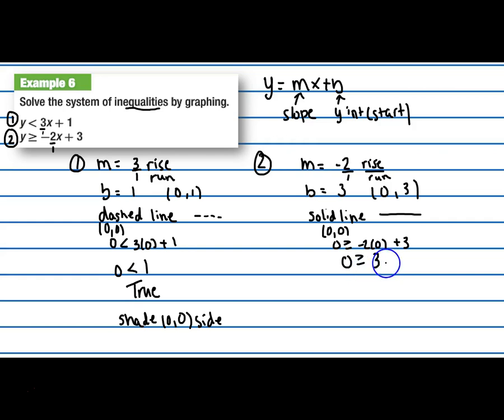Well, obviously that's not true. That is definitely a false statement. And because of that, we're going to shade on the opposite side of 0, 0.